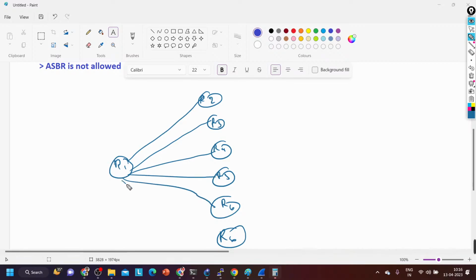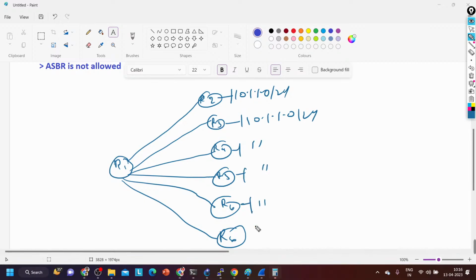On all routers I am running one loopback, 10.1.1.0/24. Here also 10.1.1.0/24. Here also the same network. Here also the same network. And here also the same network.